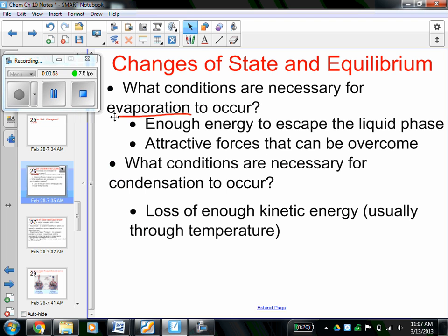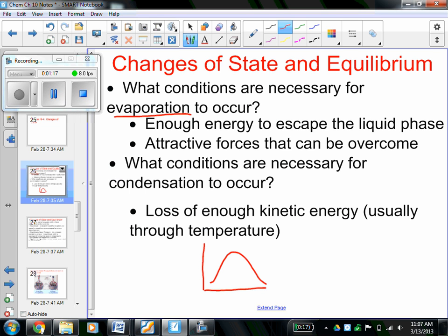So hydrogen bonding is a pretty significant force of attraction between polar molecules, and you need to have stuff that is moving fast enough in order to do this. Well, if you remember, only the stuff at the extreme level of a bell curve is going to have enough energy to evaporate. So in other words, this is number of particles and this is the amount of energy that they have.